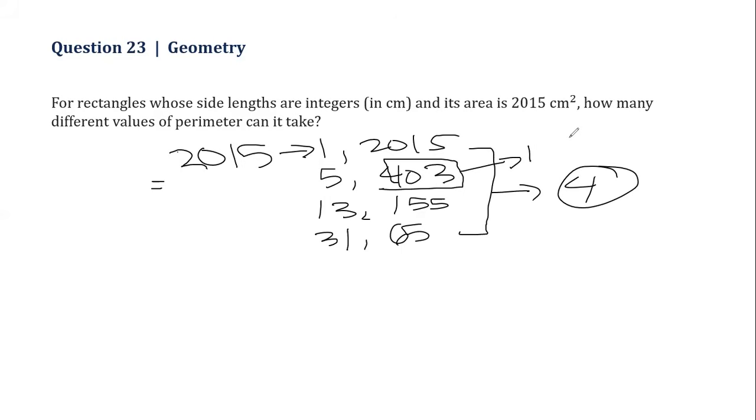But if the value was different, I think it would be more straightforward. Any more questions? No questions?